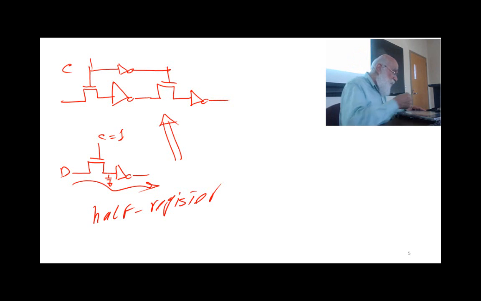And now the structure I have here, if C is 0, okay, then this path is disconnected, but then this path is conducting.